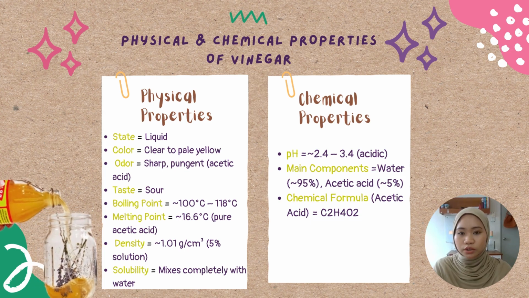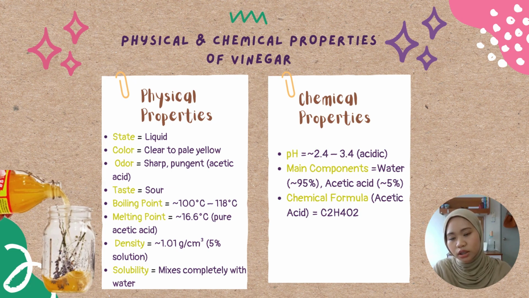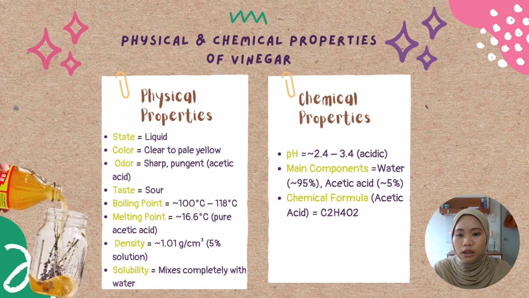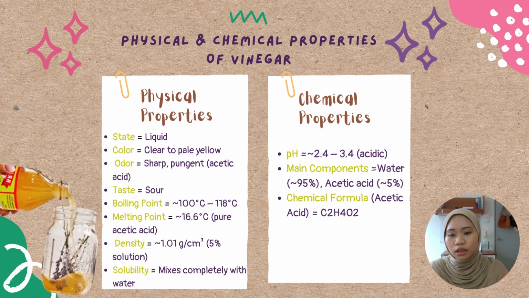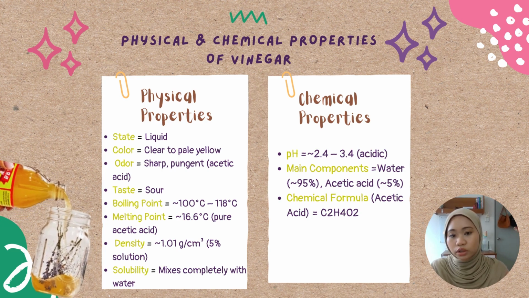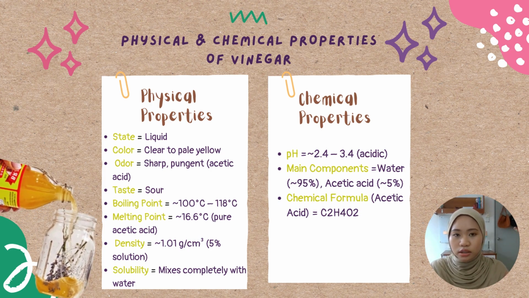Now we're going to talk about the physical and chemical properties of vinegar. For physical properties of vinegar, the state is liquid and the color is clear to pale yellow, while the odor is sharp and pungent for acetic acid, and the taste is sour.